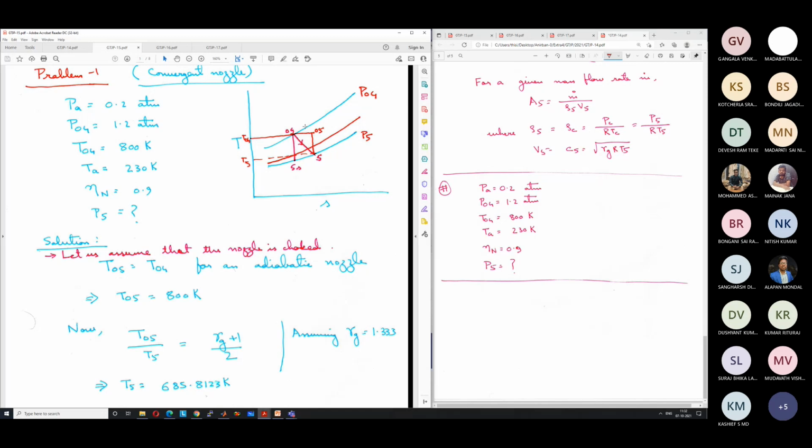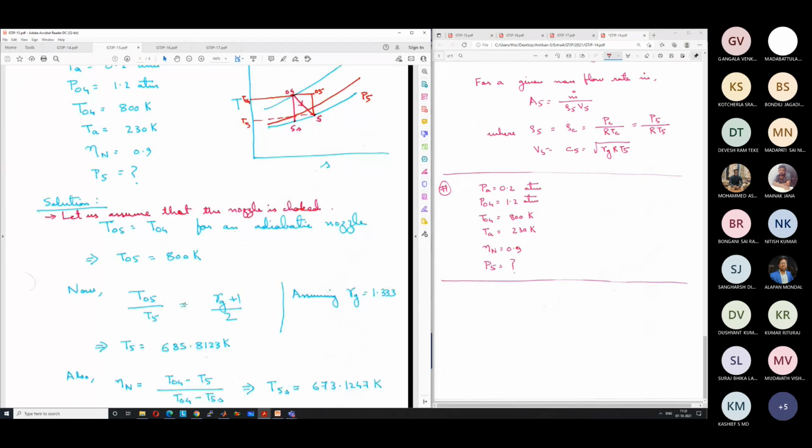So kinetic energy plus static enthalpy remains constant. That comes from the first law of thermodynamics. So H0, the stagnation enthalpy, remains constant in the nozzle. So T05 is equal to T04 is equal to 800 Kelvin.